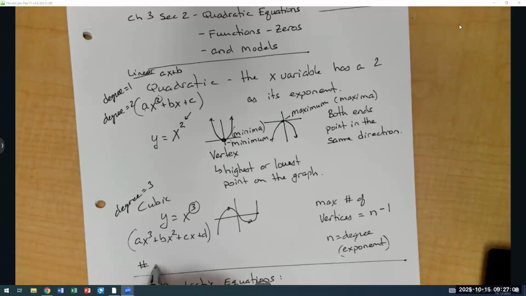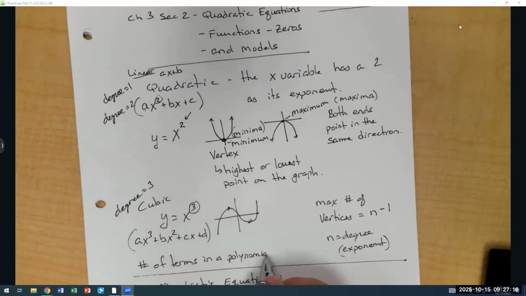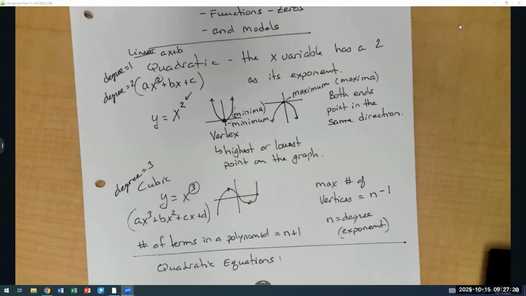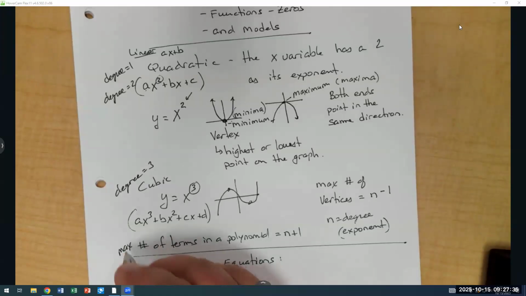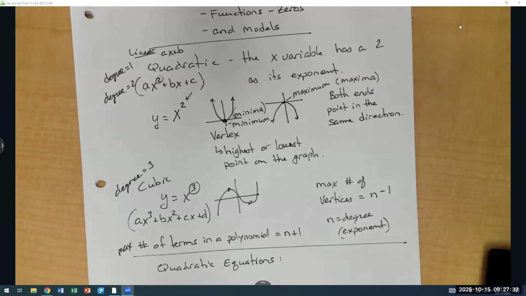The number of terms in a polynomial is equal to n plus 1. Now, whether we use them all or not, that's another story. It just tells us that's how many we have. I could even put that the maximum number of terms is n plus 1.